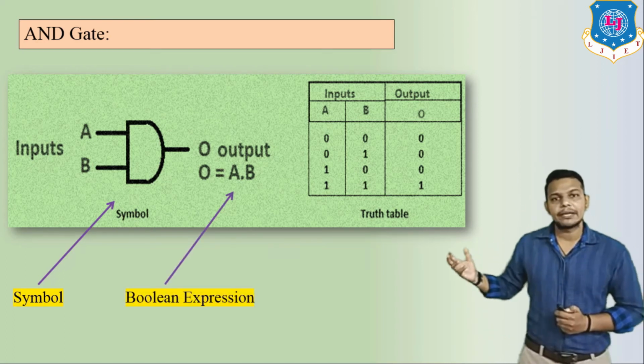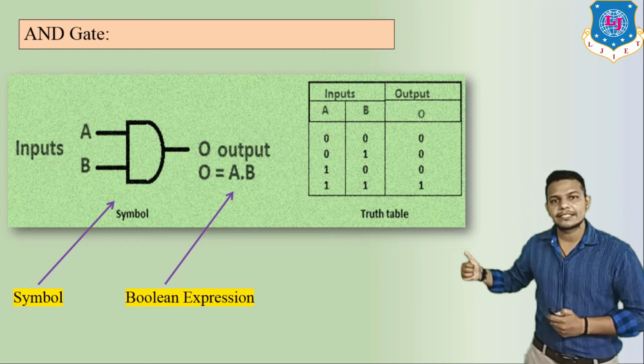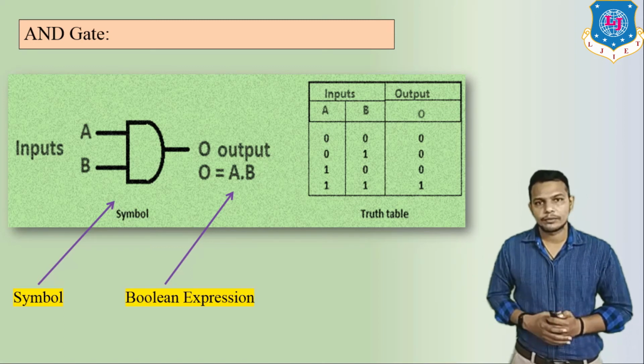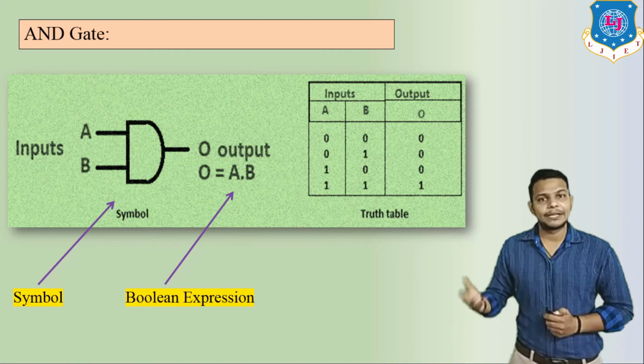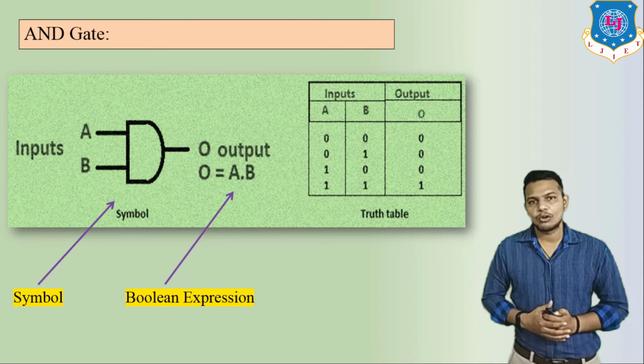So we can make a truth table for its input values. Here we can see this is the truth table. If I enter 0, 0, that means A is equal to 0, B is equal to 0, and its multiplication should be 0. So I will get 0 on the output side.